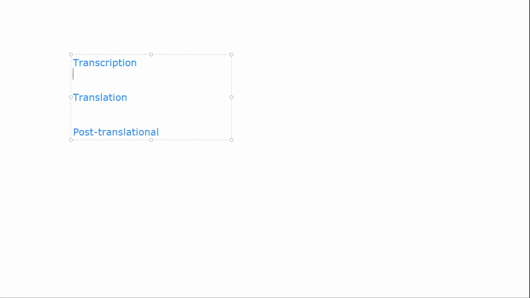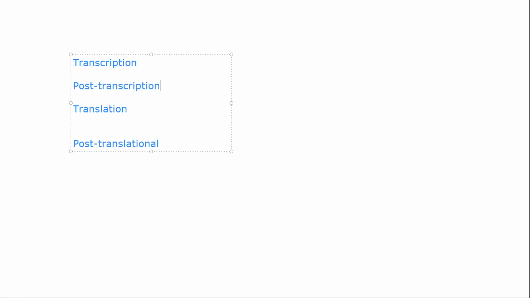We also get to have some extra stuff here with post-transcriptional. So in between, when we have turned it from DNA into RNA before it gets turned into protein, we can modify it here. Post-transcriptional modifications.